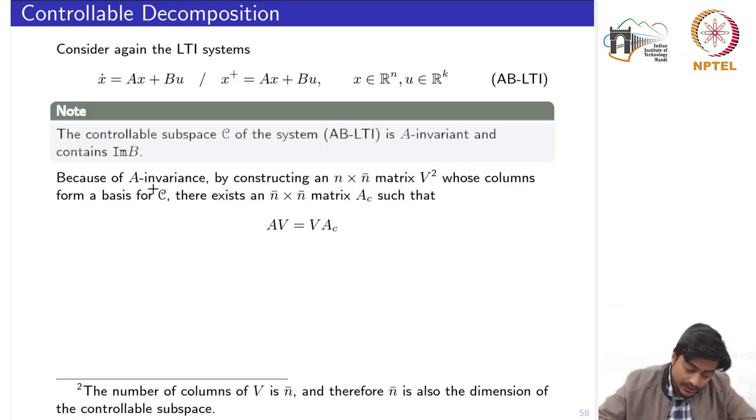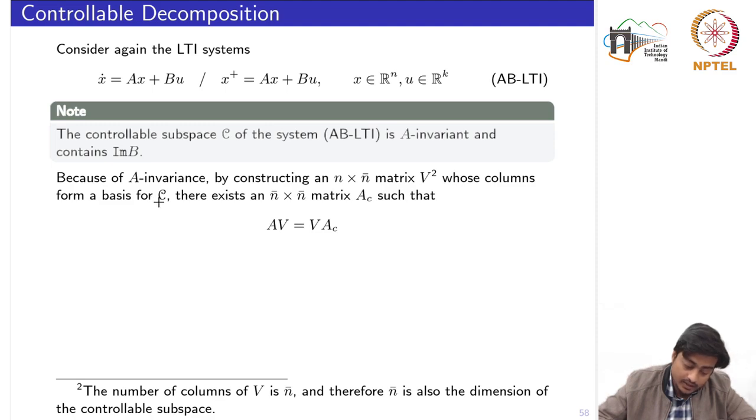Now because of the A invariance of this subspace, we can construct an n cross n bar matrix V, where n bar is nothing but the number of columns of the V matrix, whose columns form a basis for this controllable subspace.